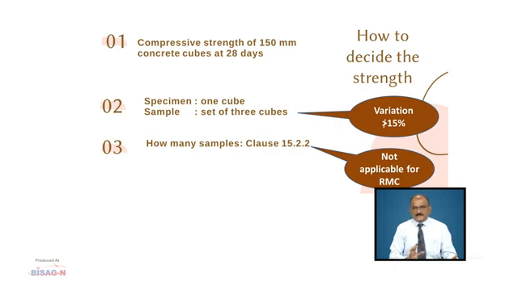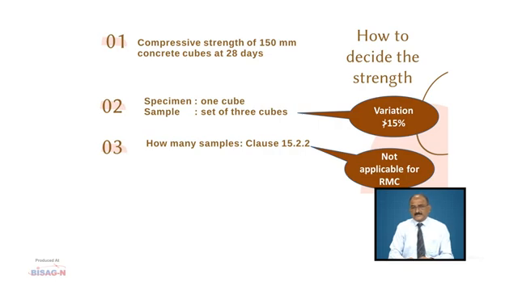Remember that when you are discussing hereafter, specimen means one cube and sample means always a set of 3 cubes. Wherever you read in the IS code the strength of a sample, remember that it is the strength of a sample, the average of 3 cubes, not the strength of 1 cube at any point of time.